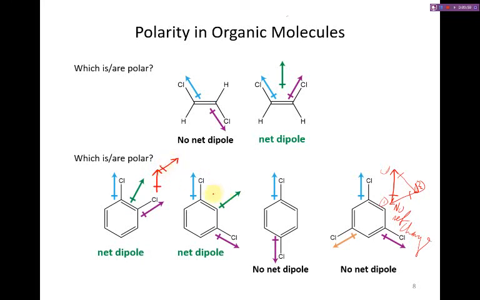And what we can see in this case is that the length of the resulting bond dipole is different. In other words, we can make a qualitative comparison and say that this is more polar than the other molecule, whereas these are equally nonpolar.